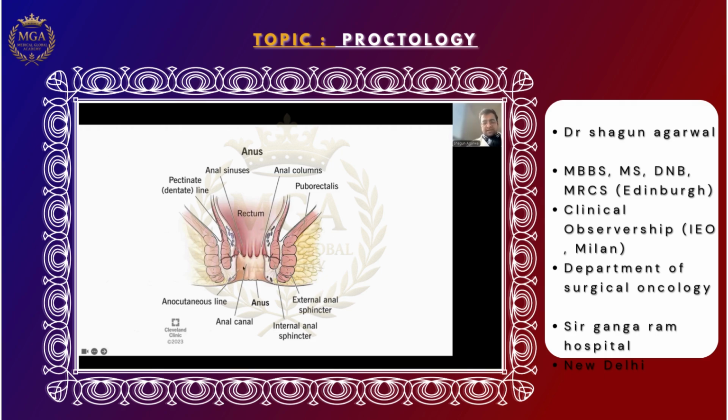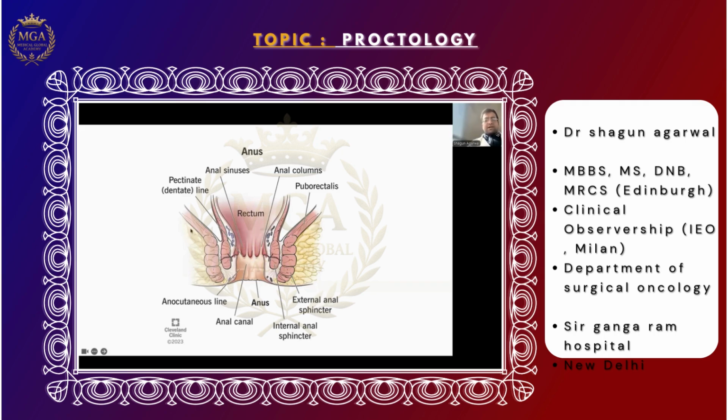So this is the dentate line that we are talking about, the anocutaneous line. That's the anocutaneous junction or the anorectal junction. Certain sinuses are present above the dentate line along with the columns. Above this is the columnar epithelium, below is the somatic, and at the pectinate or dentate line is the cuboidal epithelium.